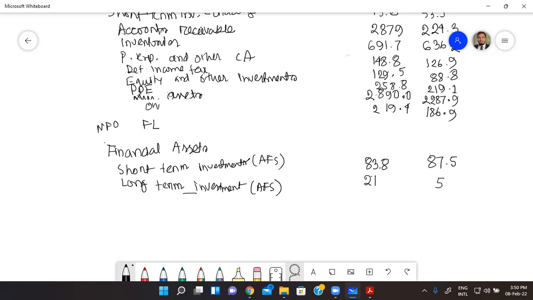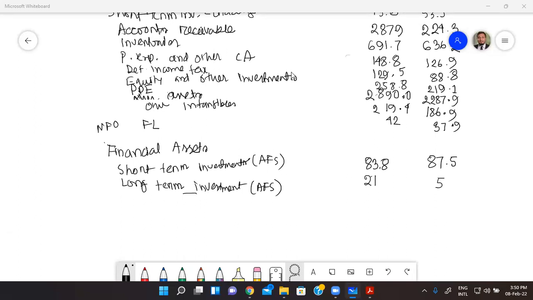So I'm writing here other intangibles, which is 42 million, and also 37.9 million here. Okay, financial liability, other intangible assets is here.